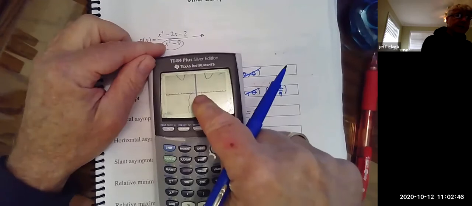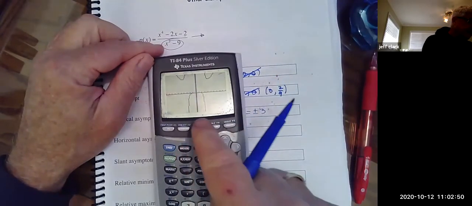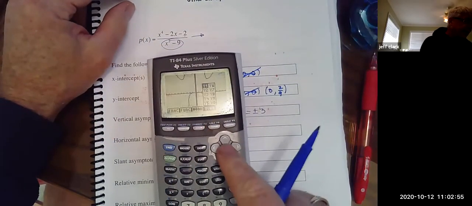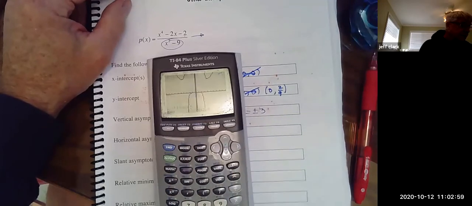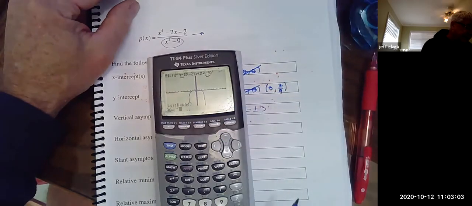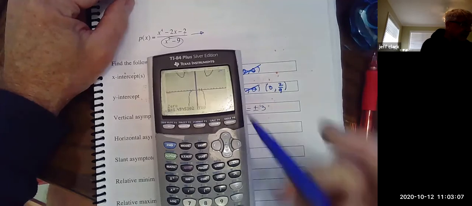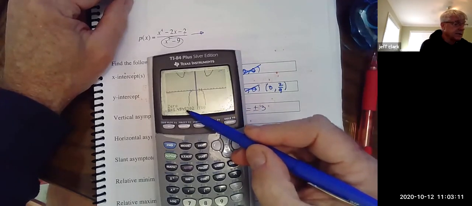I'm curious right now. So I'm going to zoom in right here. Or how about if I just see if the calculator gives me any zeros. I'll just go ahead and go maybe from -2 to 2. I'm just curious to see if it's going to give me anything. There are some.